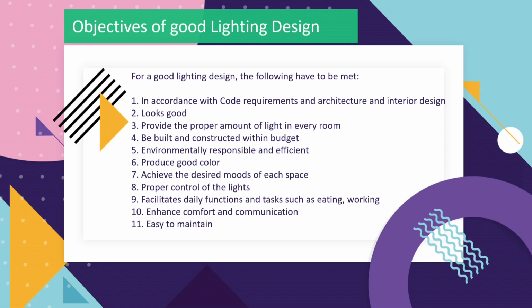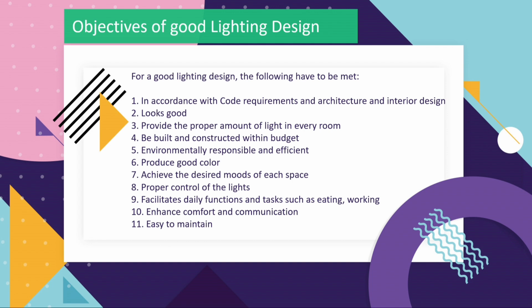By implementing dimmers, smart systems, zone controls, sensors, and user-friendly interfaces, you can create a dynamic and efficient lighting environment tailored to the specific needs of each space. Ninth, it needs to facilitate daily functions and tasks such as eating and working.